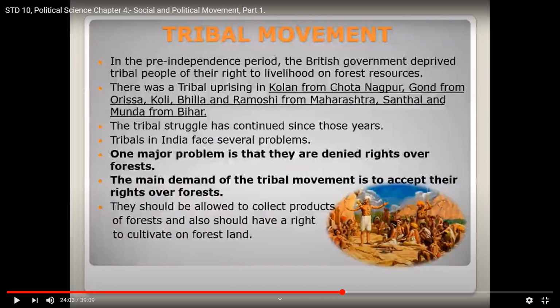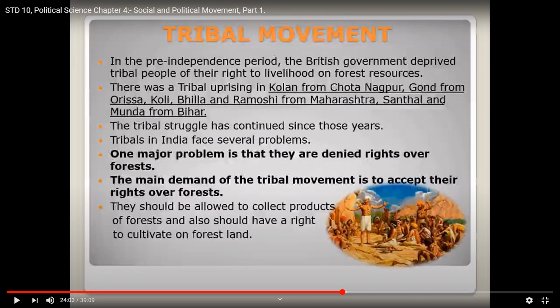Now let's go to this tribal movement. This is very important because we may not have heard about this, since generally we don't come across so many tribal people as we are living in urban areas and cities, so we don't know much about them. Let us understand. In the pre-independence period, the British government deprived tribal people of their right to livelihood on forest resources.